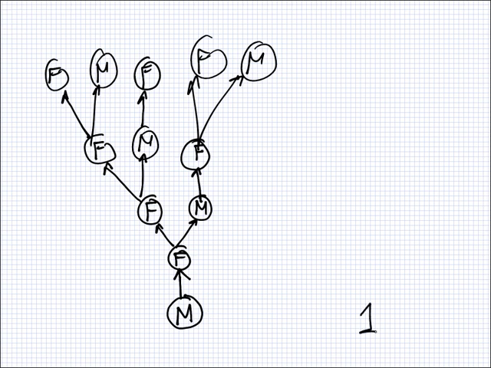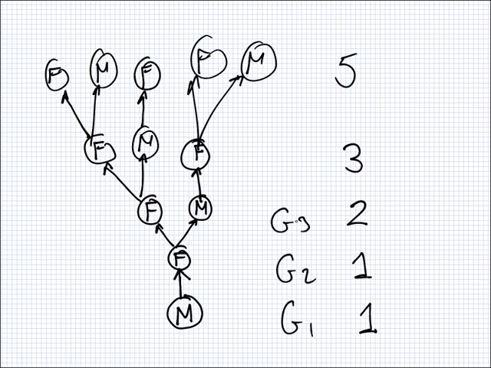There's 1. How many ancestors in the generation above him did he have? Just the 1. He had only the mother. How many ancestors above that? 2. And above that? 3. And above that? 5. So this is G1, G2, G3, G4, G5.